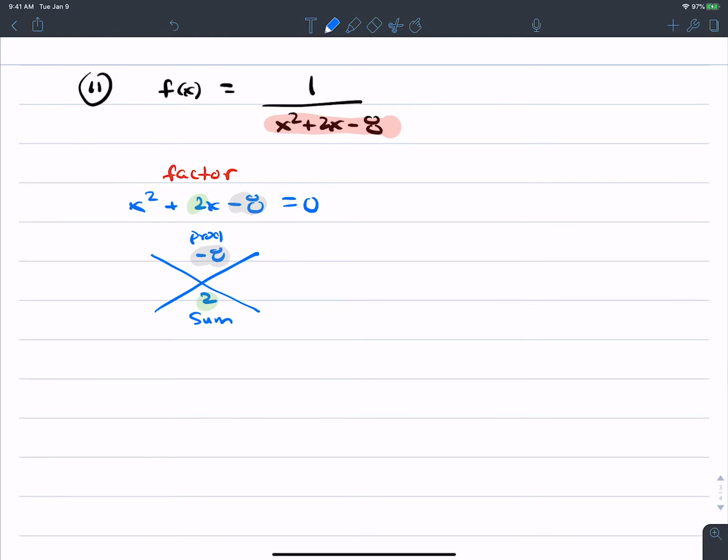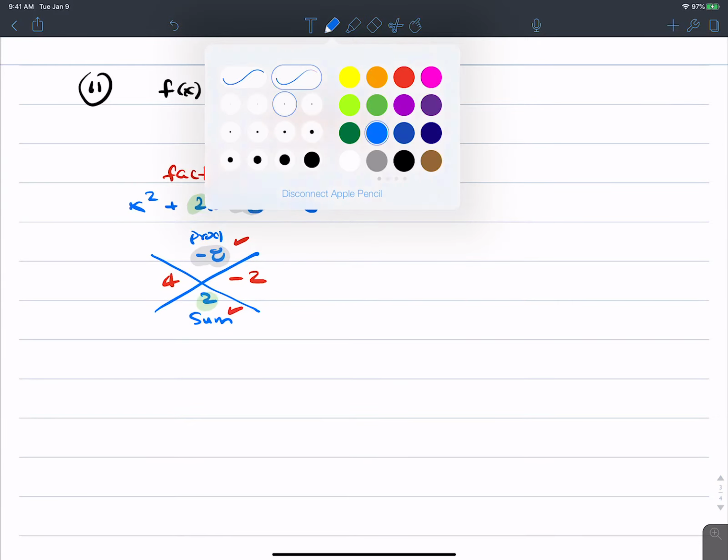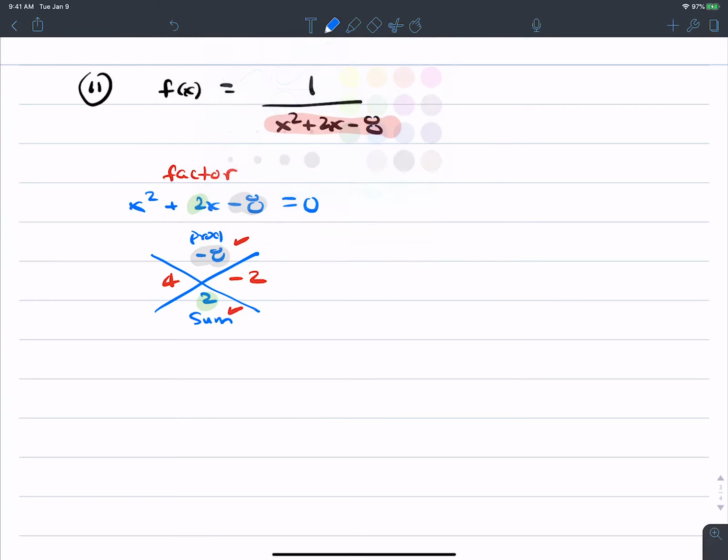So we need two numbers multiplied together that is negative 8, and when added is positive 2. So let's think about this. Negative 4 times positive 2 or positive 4 times negative 2? I think positive 4 times negative 2. Let's double check. 4 times negative 2 is negative 8. 4 plus negative 2 is positive 2. So these are the numbers that we can use to factor our quadratic here.